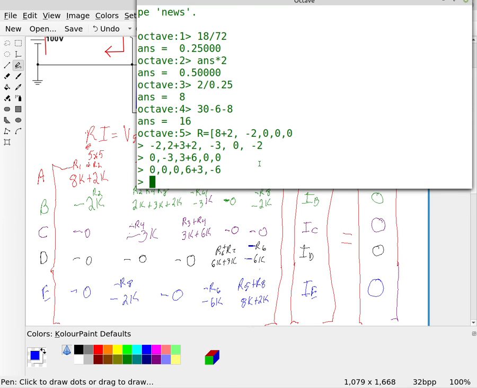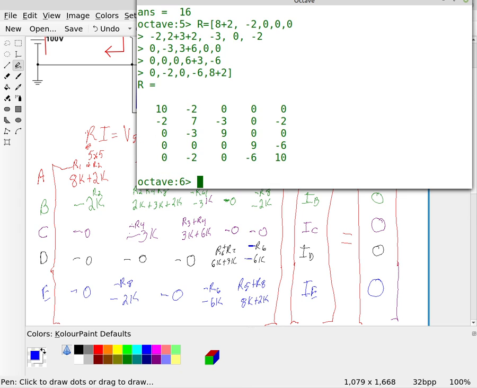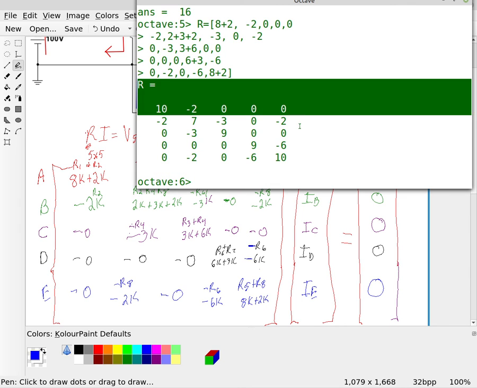And so therefore we have 0, minus 2, 0, minus 6, and then 8 plus 2. And then we close our bracket there, and here is our matrix.